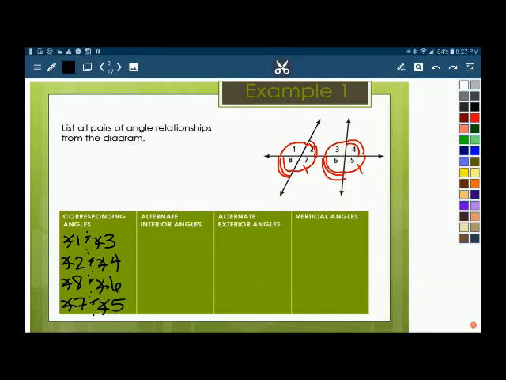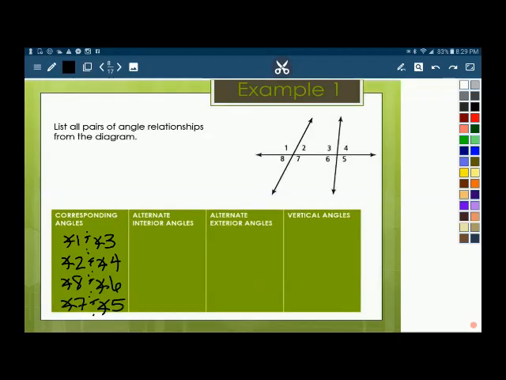Now I'm going to move on to alternate interior angles. Okay, so alternate interior angles should be only the angles that are on the inside of the parallel line. So any angle that's in there, those are the angles I'm going to denote as being alternate interior.